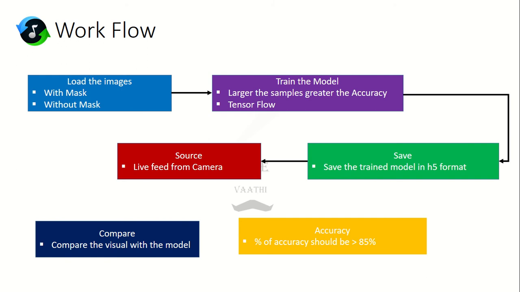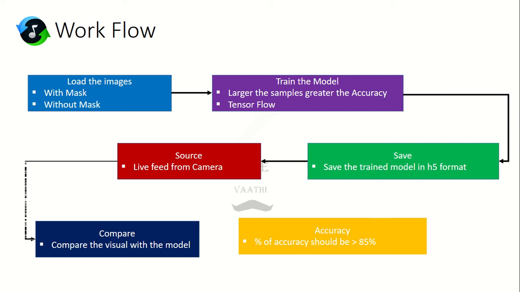Coming next, we need a source system which can give us a live feed from the camera. This can be a video cam or something else, but it has to connect to our script for running and predicting with the model. For demo purposes, I'm going to use my webcam and show you how the entire model will work.